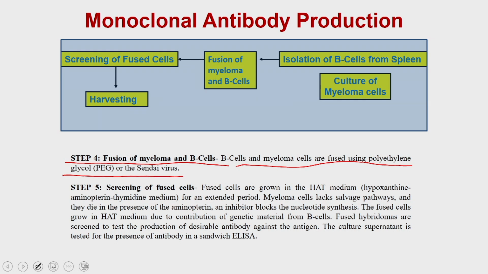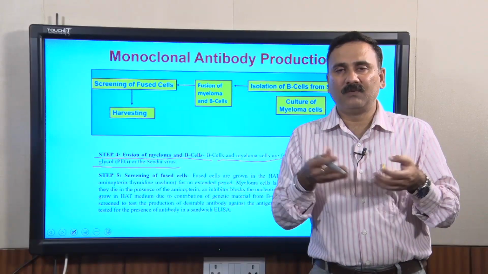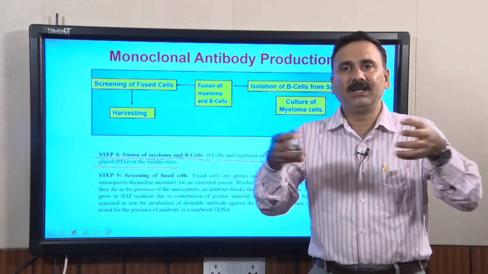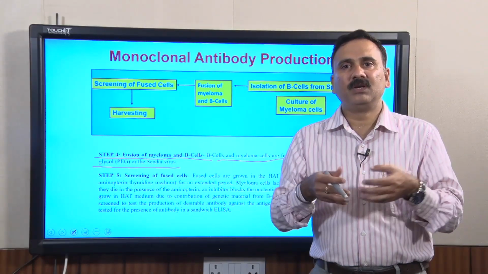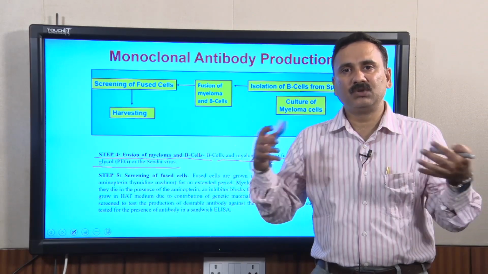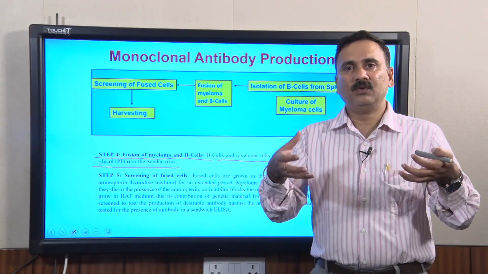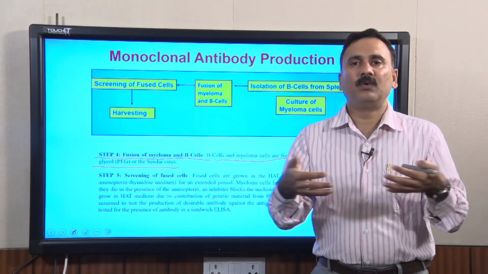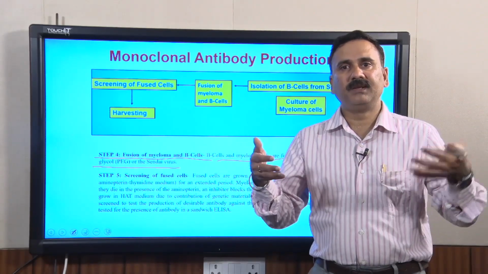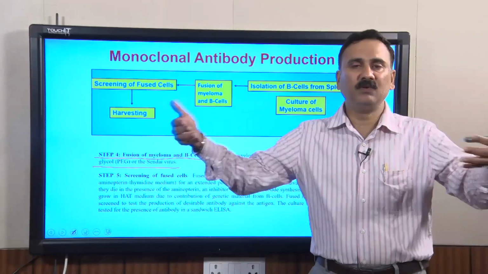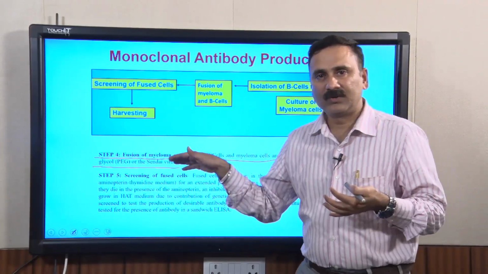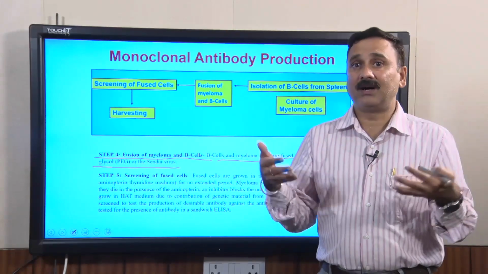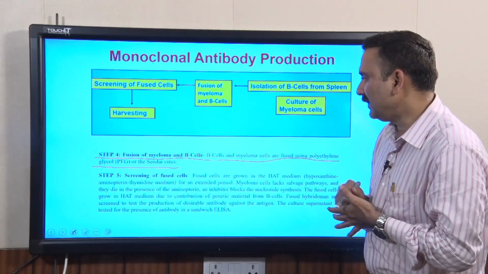PEG is an agent which can be used to fuse the cells. What PEG is doing is bringing the plasma membranes of the two cells together, and that is how it fuses the cells. So, when you incubate the cells with the PEG, the cells come together, and in this process the myeloma cells are fused with the splenocytes, and that is how you get hybrid cells.